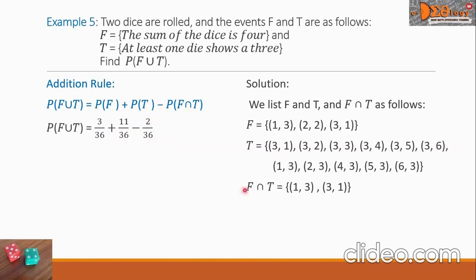We write here 2 because there are 2 pairs in our F intersect T. And then let us operate the 3 fractions, and the answer is 12 over 36. Let us reduce this to lowest terms, so we have now 1 over 3. This is now our final answer.